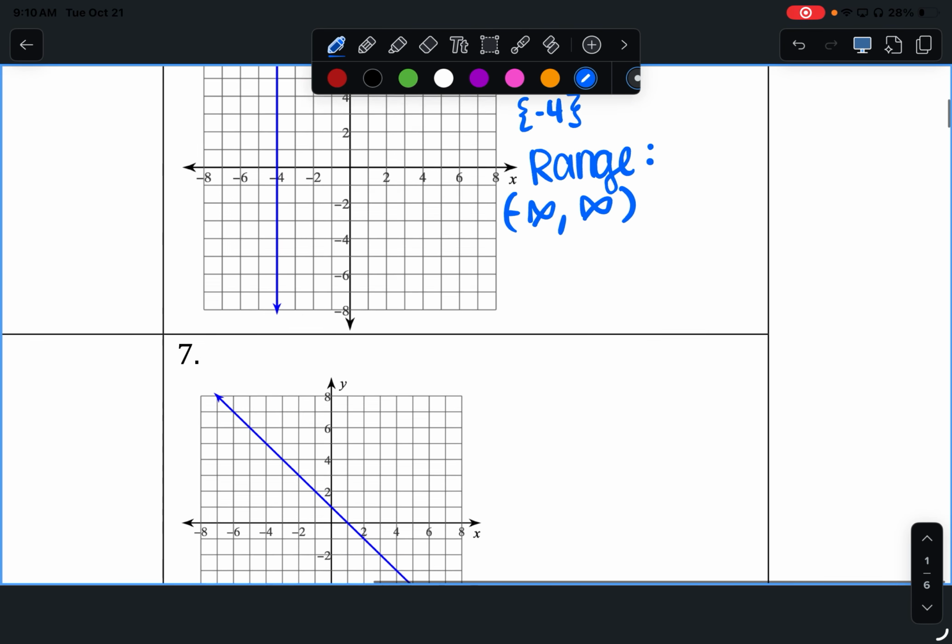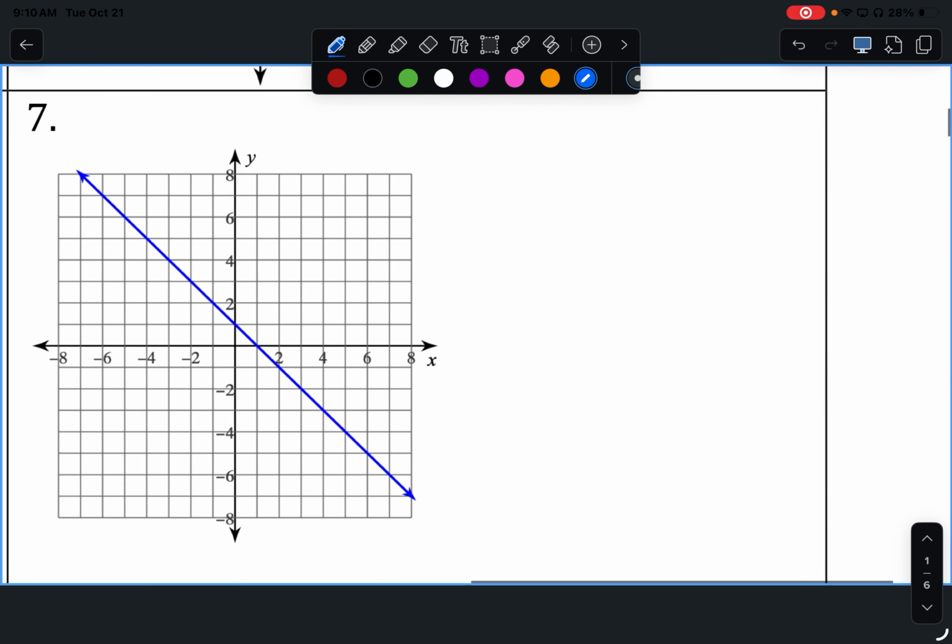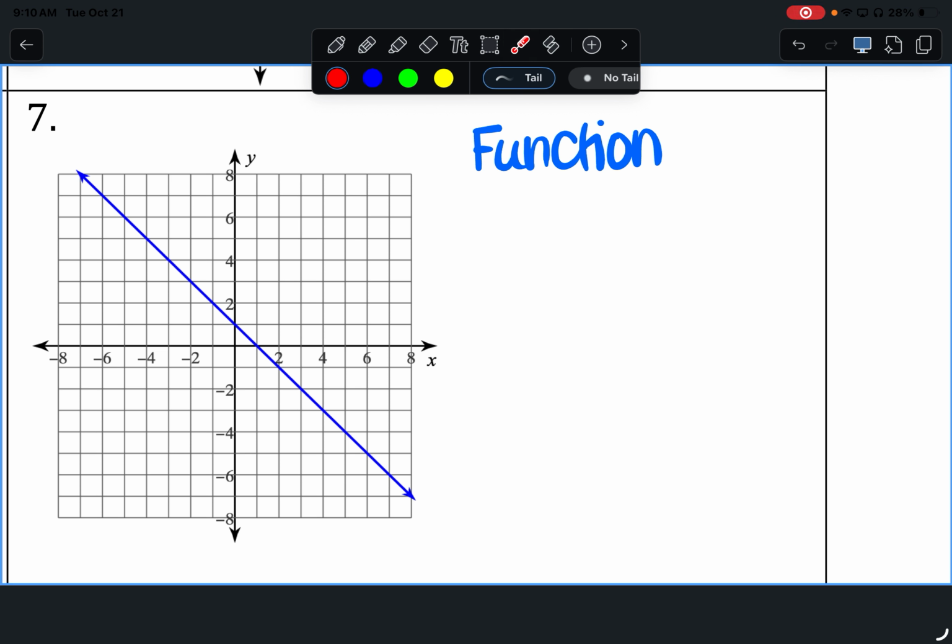All right, for number 7, is that a function? It is a function. Because it passes what? Because if I draw a vertical line, how many times does it intersect? Once. So it is a function. Now, for domain, the leftmost point of this graph has an arrow.